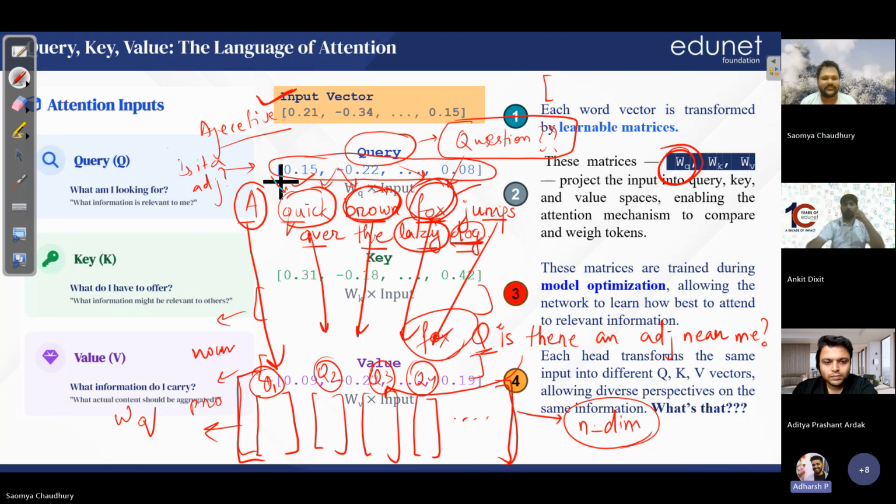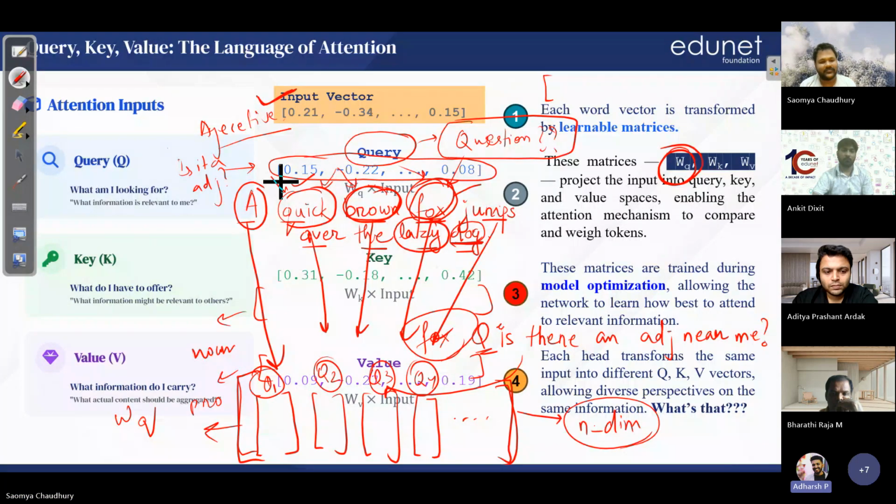Now, with this weight of the query matrix, we do a dot product with the embeddings. So we find the query of A, then query of quick, and query of brown, and so forth. This is how we as humans also think.